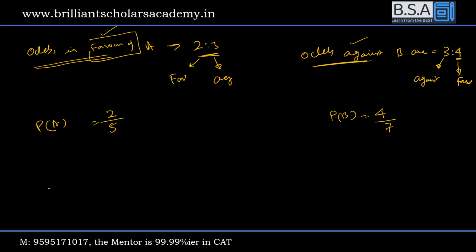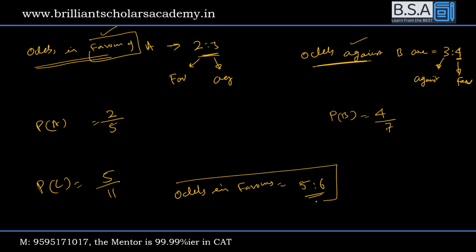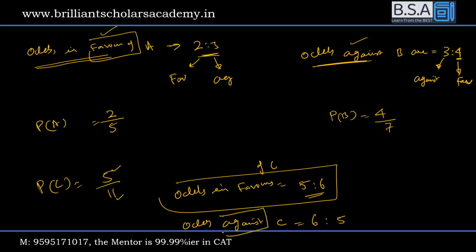और reversal, अगर मैं आपसे कह दूं probability of some event C, probability is 5 by 11, तो उसके odds in favor कितने होंगे? तो 5 favor में है और 6 against में, तो इसको बोलेंगे odds in favor of C. अगर आपको चाहिए odds against C, देखो 5 उसके favor में है, total 11 है, तो उसके against में 6 outcomes हैं और favor में 5. अगर सामने against लिखा है तो यहाँ पर सामने against लिखना आपको. अगर सामने favor लिखा है तो सामने favor लिखना आपको.